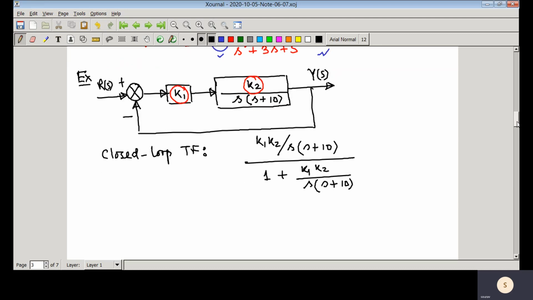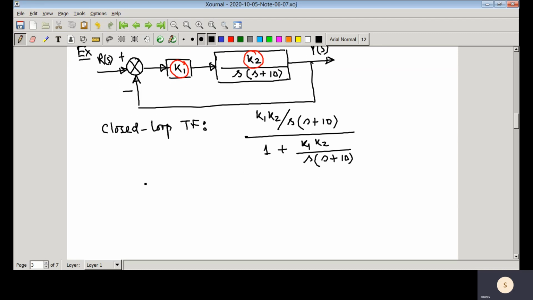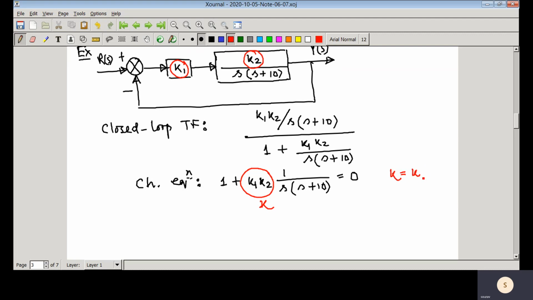So this is the closed loop transfer function, and the characteristic equation is 1 plus k1 k2 times 1 by s plus 10 equal to 0. So here we define the product of these two gains k1 and k2 as k, that is, k equal to k1 k2.